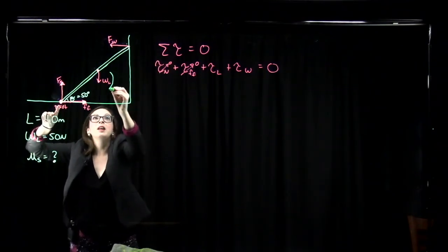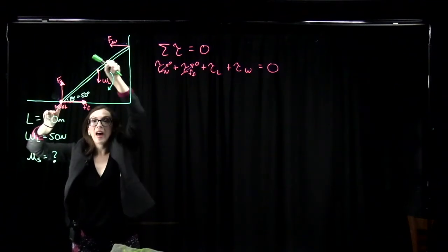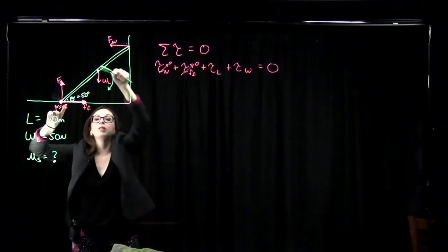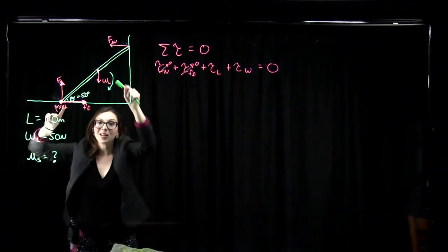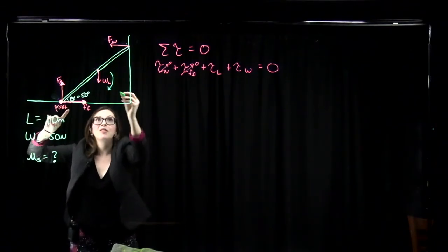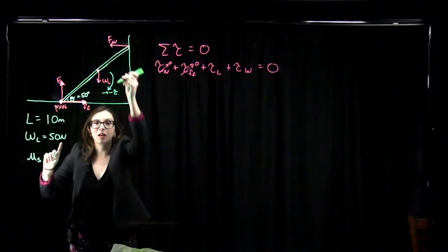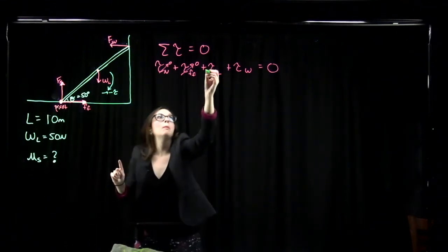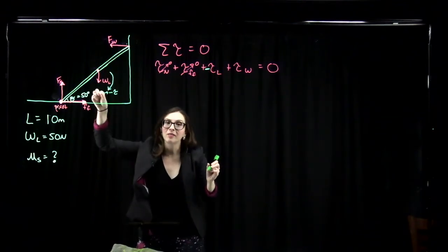It's going to fall this way, just due to the weight of the ladder. That is in the direction of the clock, the direction that our hands move on the clock. That's clockwise. Clockwise torques are negative. So this is actually a negative torque here, so I need to put a minus sign right here on the torque from the weight of my ladder.